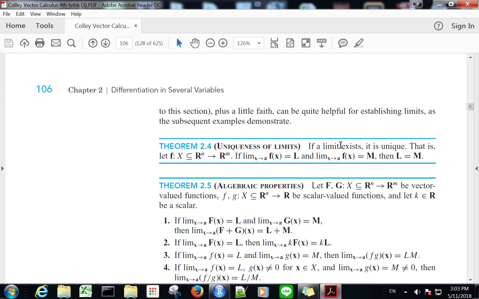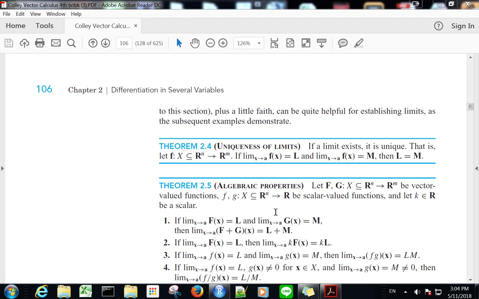It says if a limit exists, it's unique. That means if there is a limit, there's only one of them at a particular a. So if you know that the limit of f of x equals L, and the limit of f of x equals m, both as x goes to a, then they have to be the same. You can't have two different limits at the same a for f.